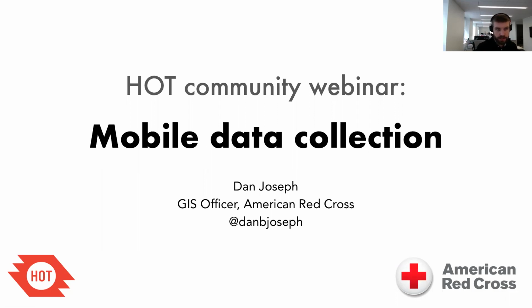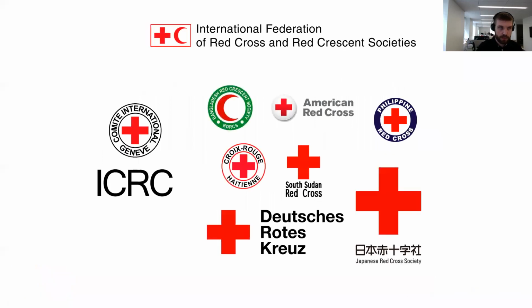Like Blake said, I'm Dan Joseph. I'm a GIS officer with the American Red Cross and their International Services Department. This morning I'm going to talk a bit about mobile data collection, some of the concepts behind how we approach it, and some of the tools that we use and have enjoyed using to benefit our work.